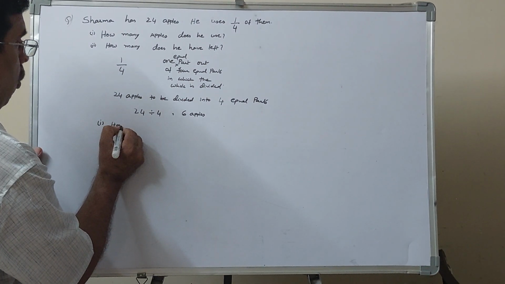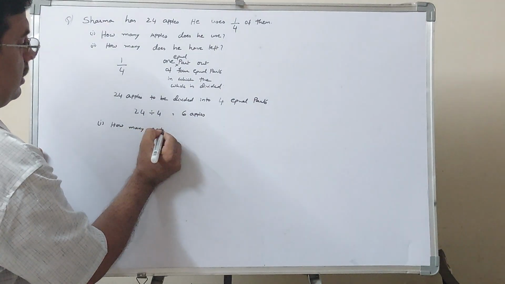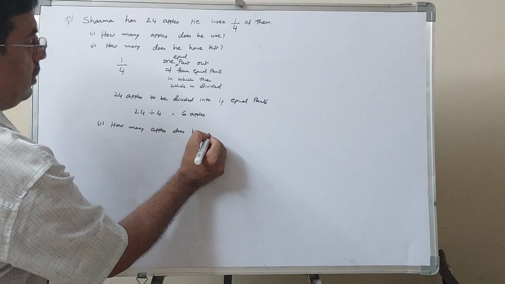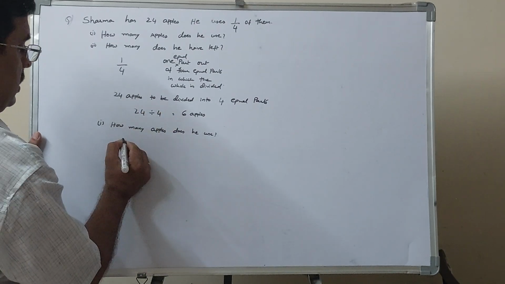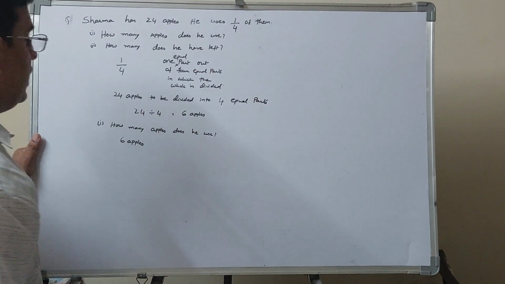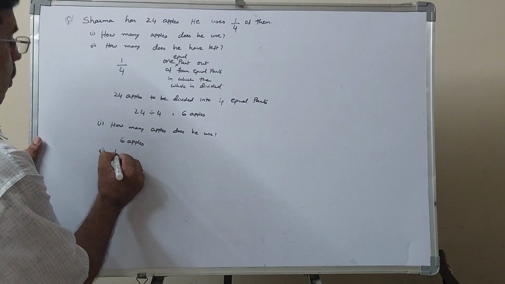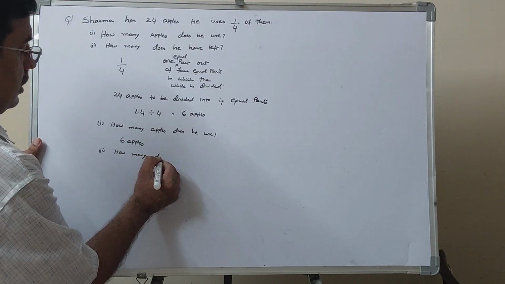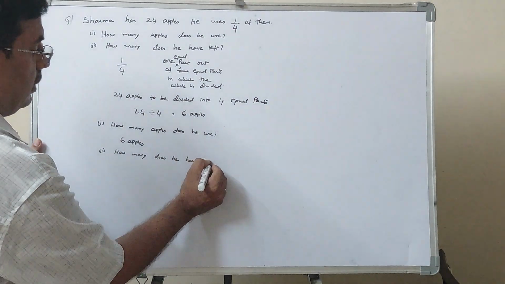So for the first question, how many apples does he use? One fourth used. So 6 apples. This is the answer. Our first answer is 6 apples. Our second question, how many does he have left?